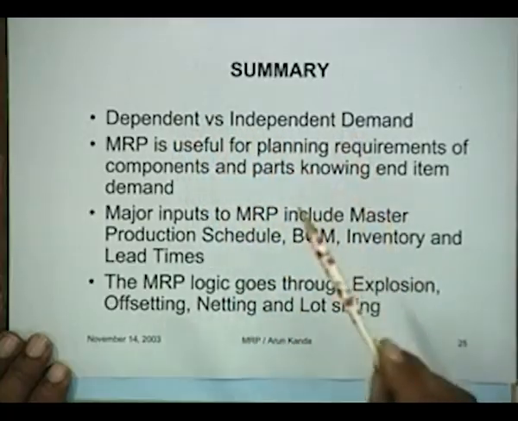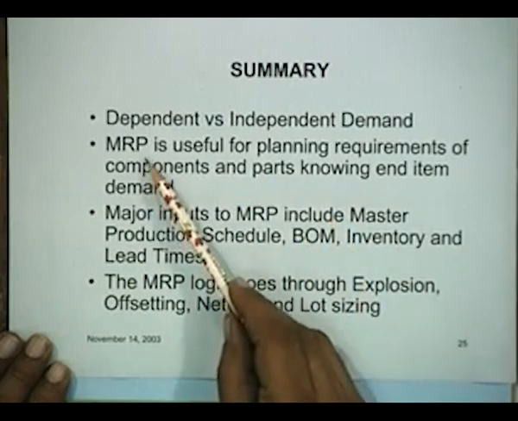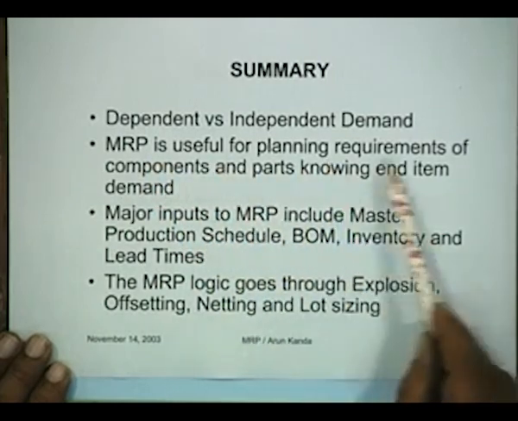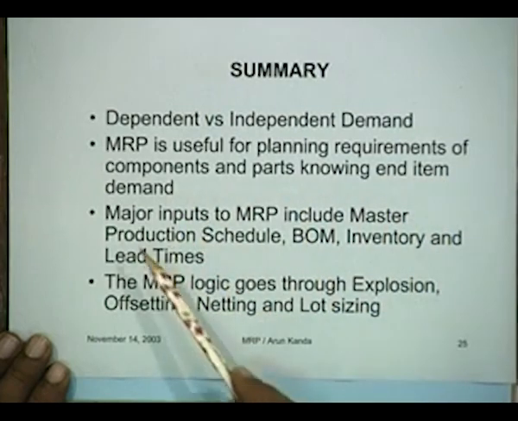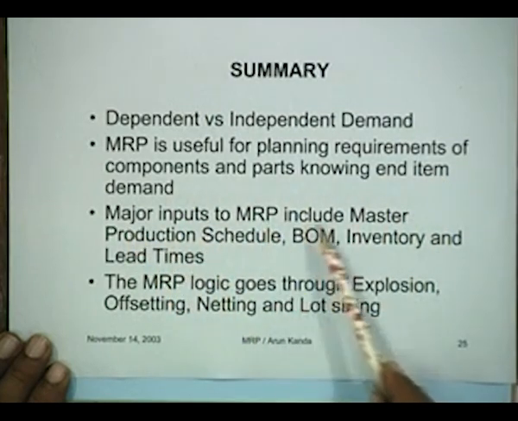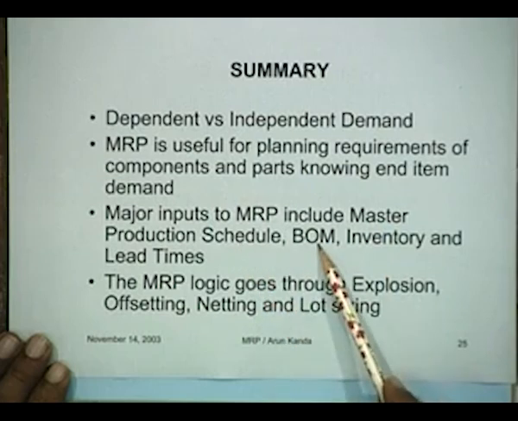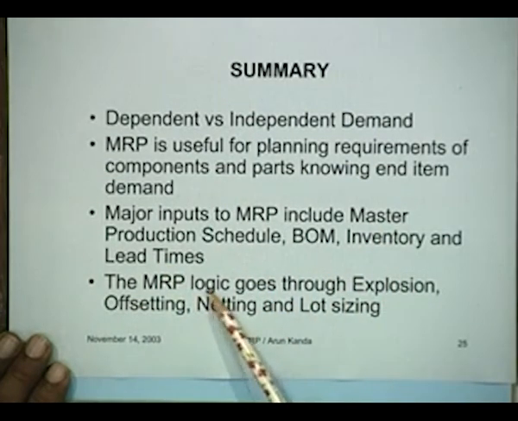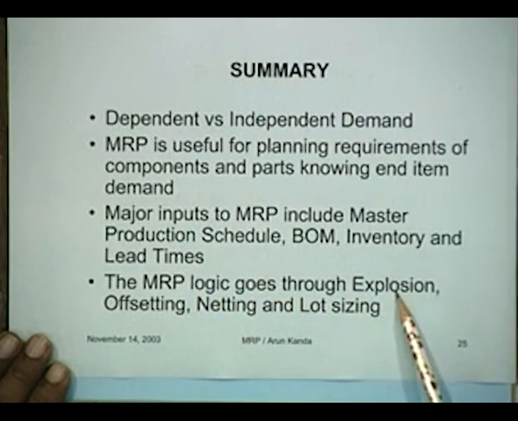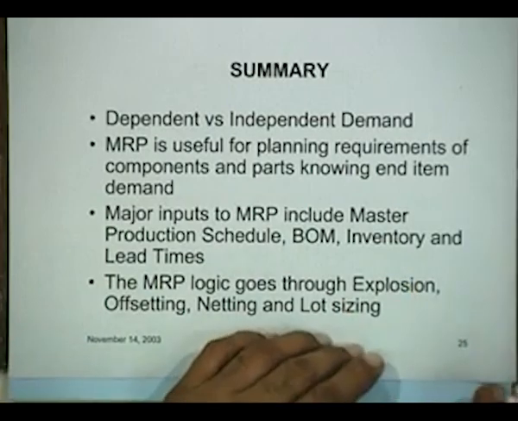Finally, let's try to summarize what we have done today. We have seen the difference between dependent and independent demands. We have seen that MRP is useful for planning requirements of components and parts, knowing end item demands. And the major inputs to MRP are the master production schedule, the BOM, the inventory and the lead times. That's what we saw. And the MRP logic goes through operations like explosion, offsetting, netting and lot sizing in a bid to determine the requirements of the various parts and components.